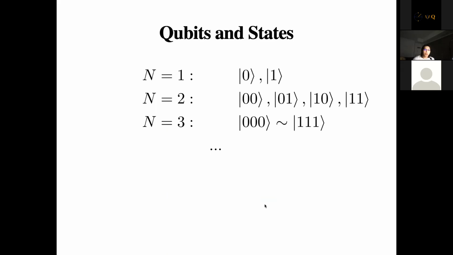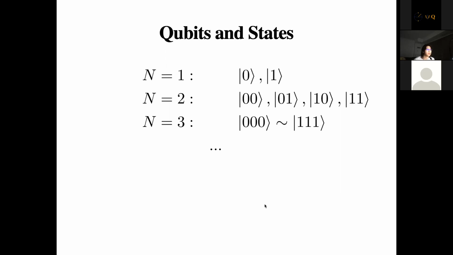In the previous case, we only have 1 qubit, so n equals 1, and we have 2 possible states. When we have 2 qubits, we start having 4 states. When we have 3 qubits, we have all the possible states from 0,0,0 to 1,1,1, so there are 8 states.